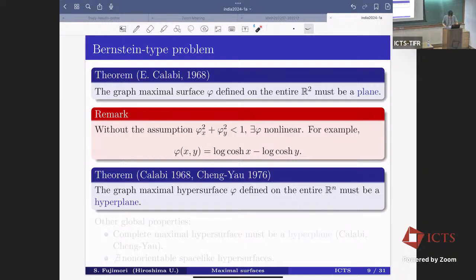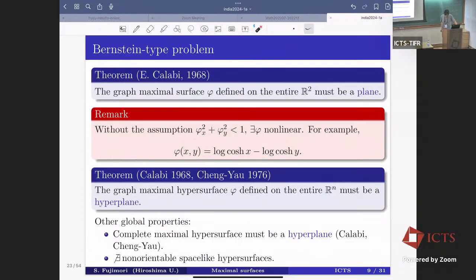Okay, thank you. Another global property is that complete maximal hypersurfaces must be hyperplanes, for any n.